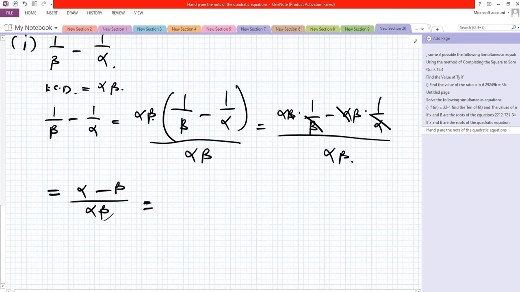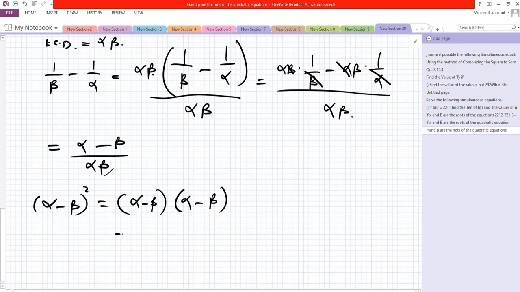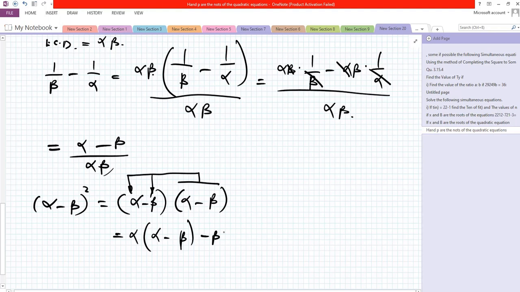Now for us to look for alpha minus beta, we say alpha minus beta squared will give us what? It will give us alpha minus beta times alpha minus beta. Using alpha to multiply this, you have alpha times alpha minus beta, then using minus beta to multiply this.